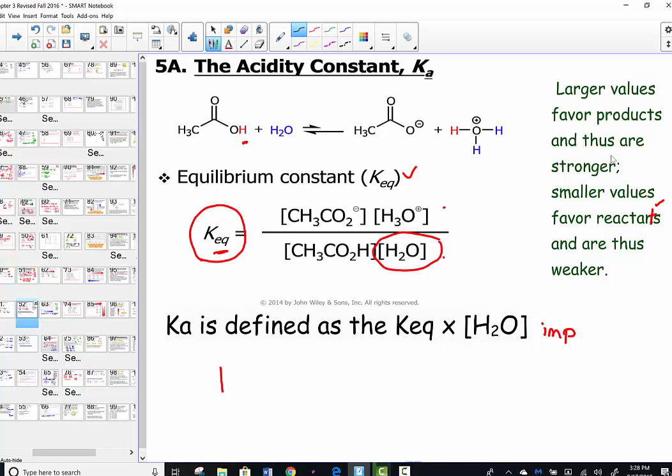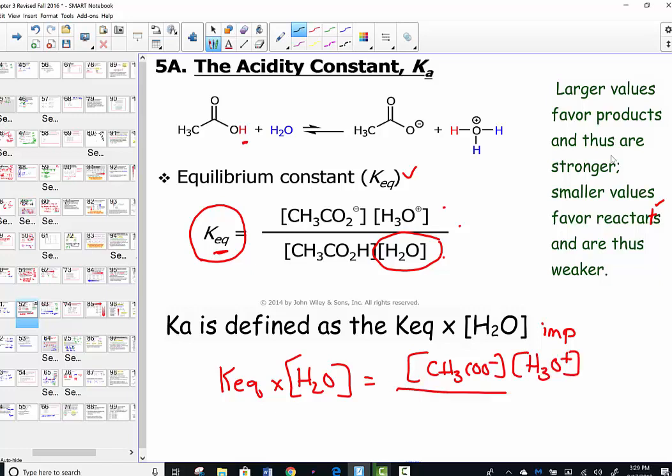If you were to take the Keq and multiply by H2O on both sides, you bring up the molar concentration of water, and we get an expression where we have the conjugate base called acetate times the conjugate acid called hydronium set over the original molecular form of acetic acid, or ethanoic acid, if you will.